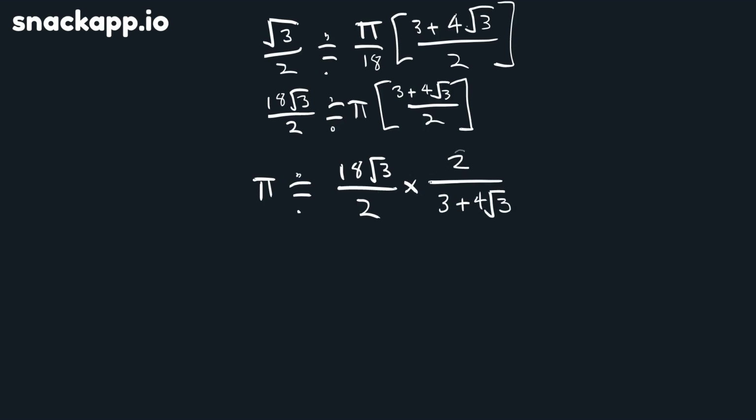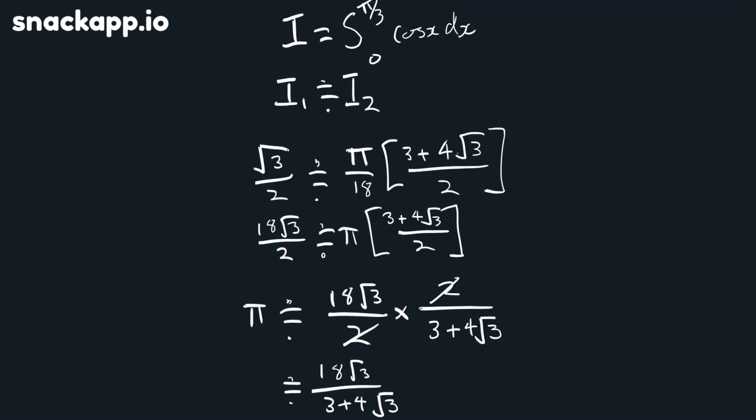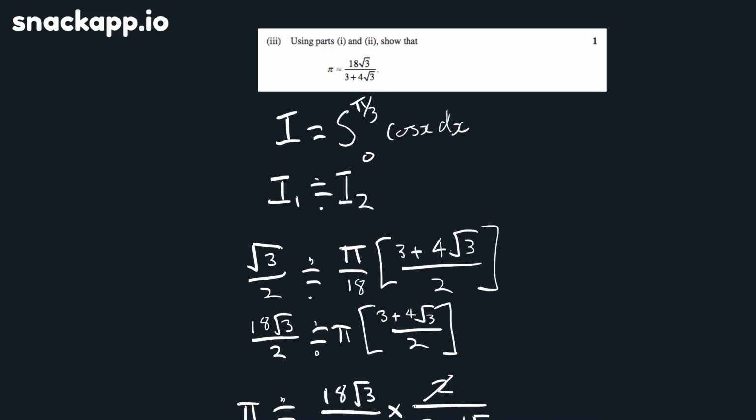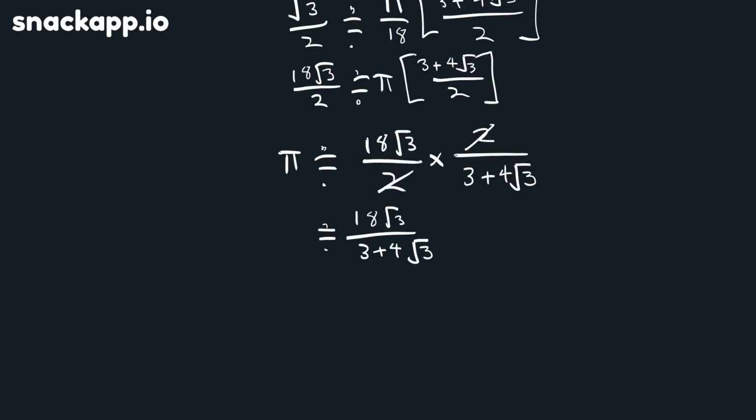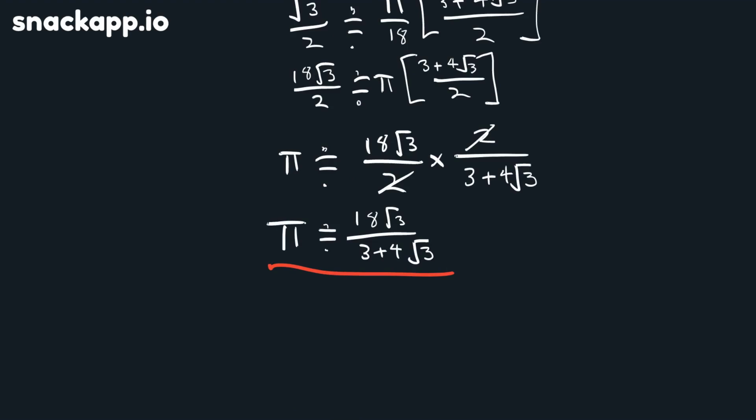Okay, so the 2's cancel, and I get 18 root 3 all over 3 plus 4 root 3, which, if we just pop up here to the question, is what they were looking for. So problem solved. And that there is an approximation for pi. And there's all sorts of math tricks that you can do to find approximations of these exact values.